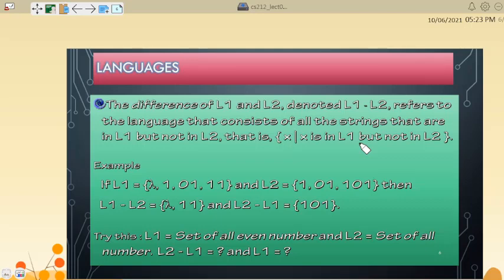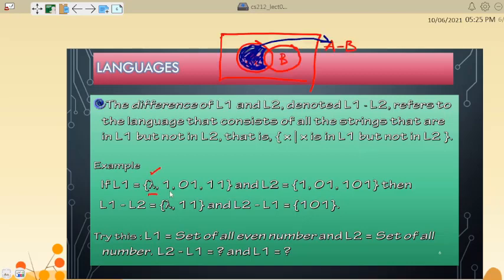The whole part outside is not in A, so we don't take it either. We just take all the elements in A but not in B. So that is A minus B. That means x is a string that should be in L1 but not in L2. For this one, if we have L1 equal to {lambda, 1, 0, 1, 1, 1} and L2 equal to {1, 0, 1, 101}, what do we get for L1 minus L2?